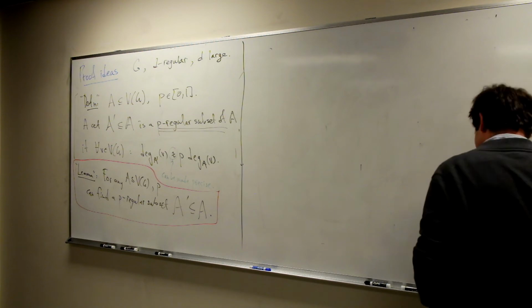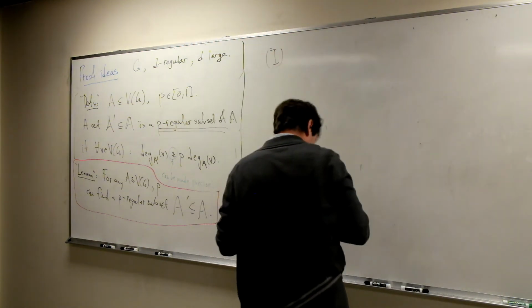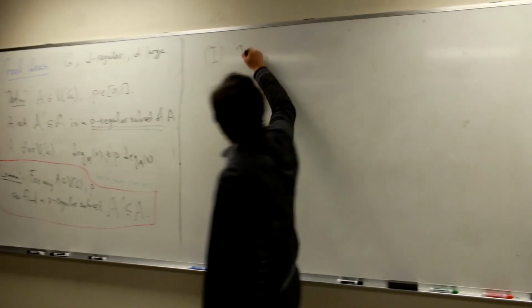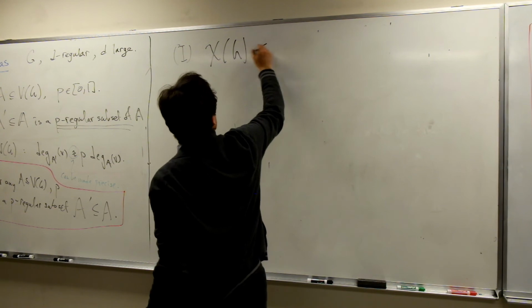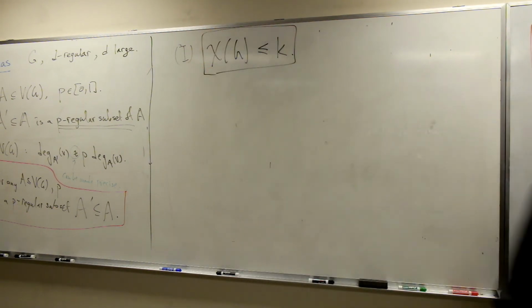Okay. So let me focus on this first part. I'm assuming that the chromatic number is at most k. This is my assumption now. Here's what I'm going to do.